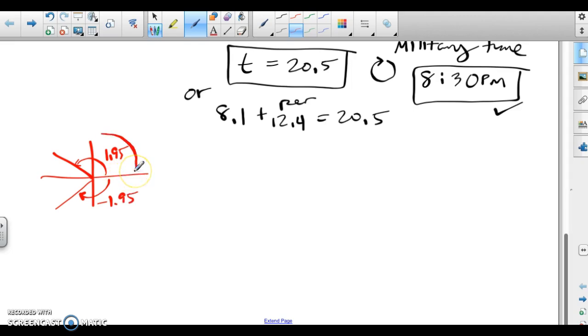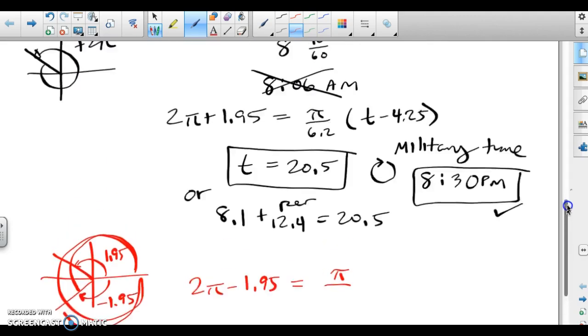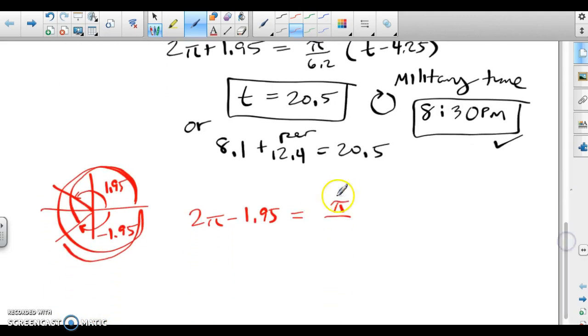So to find the actual positive angle of that, we need to do 2 pi, an entire circle, minus 1.95. And that answer will equal what we've been writing before, which was what? Pi over 6.2 times t minus 4.25.